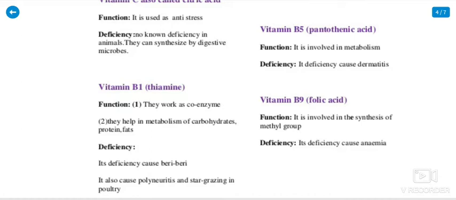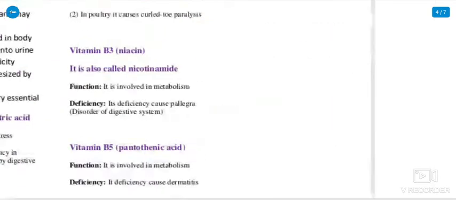It also causes polyneuritis, and star gazing in poultry. Poultry means chickens and the like.